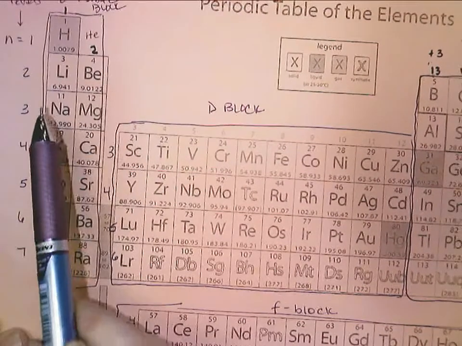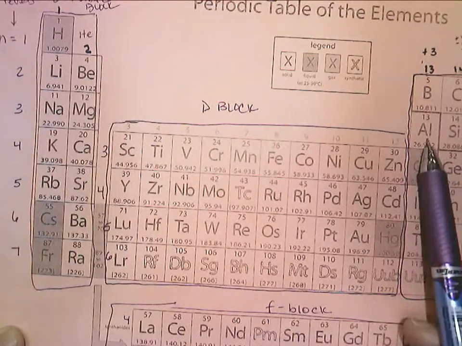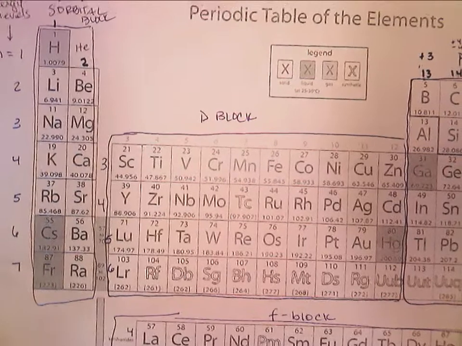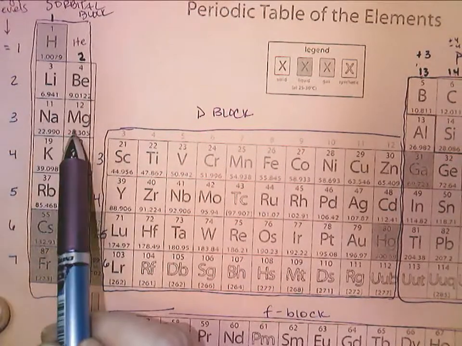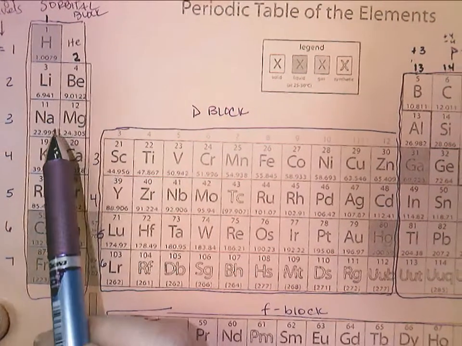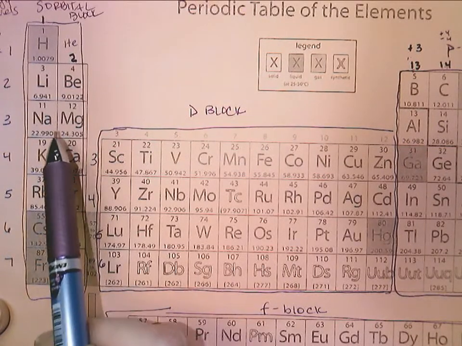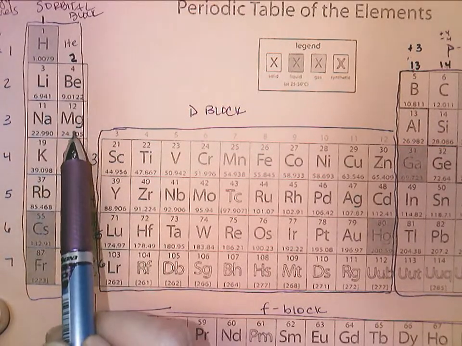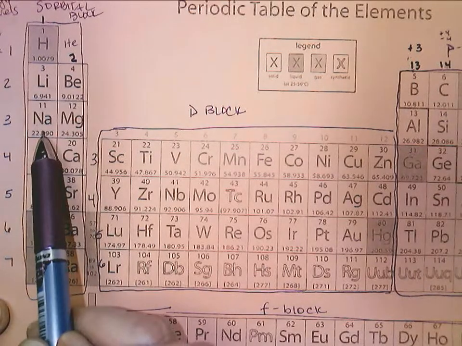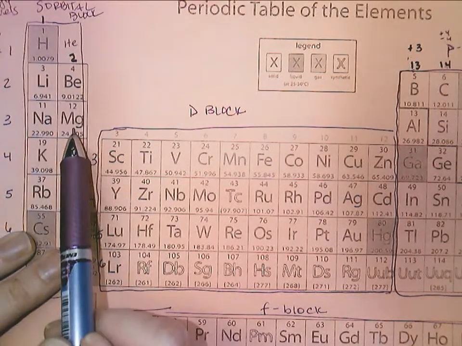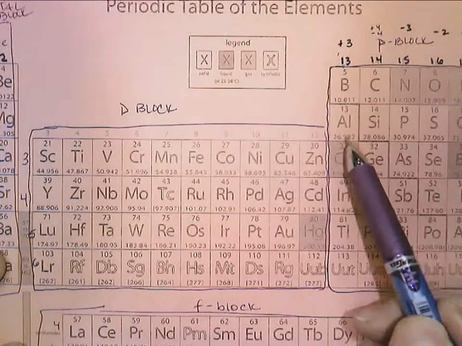Let's look at sodium, magnesium, and aluminum, for example, and I'm going to restate. The metals on the left side of the periodic table have less ionization energy, and less energy is required to remove one electron versus 2 electrons versus 3 electrons.